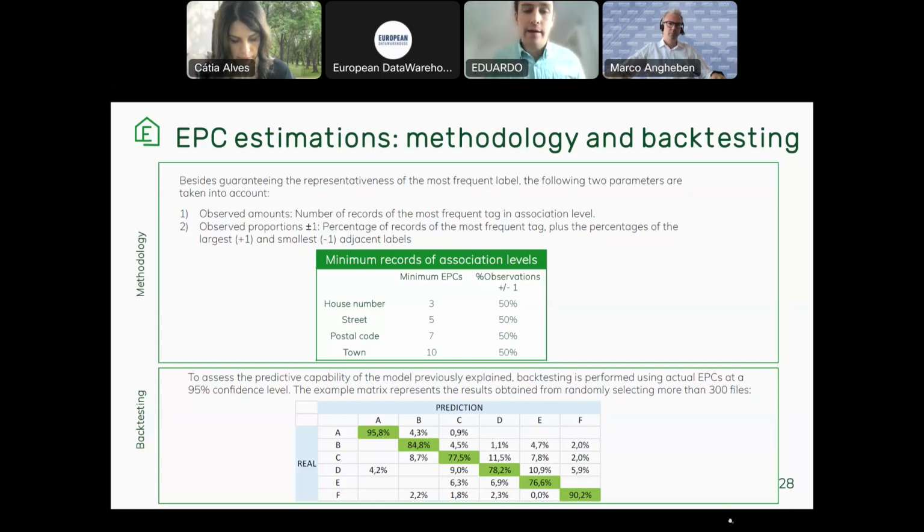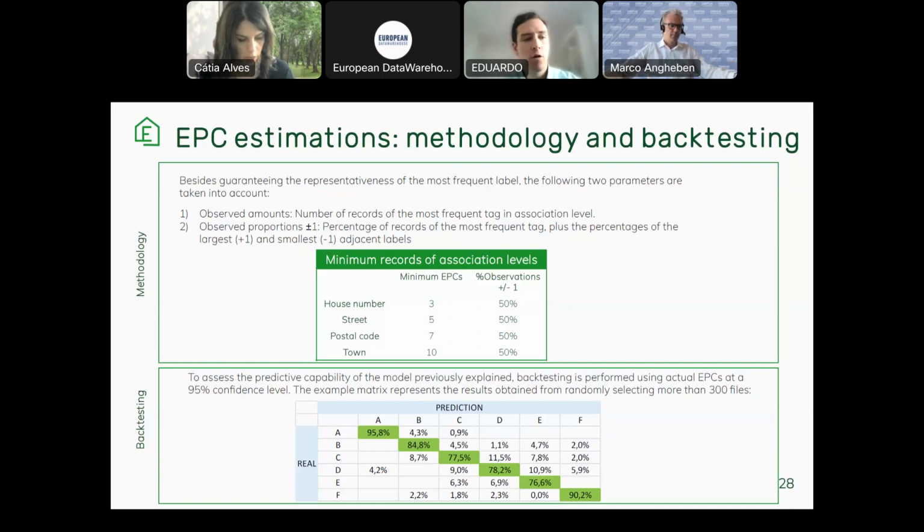In order to verify that this whole process makes sense, and to analyze the predictive capability of this process, we do a backtesting process. We wanted to have a 95% confidence level. For that, according to the sample we were working with in Portugal, it implied analyzing more than 300 fields. These are real EPCs we have, but we assume we didn't know the real EPC label.